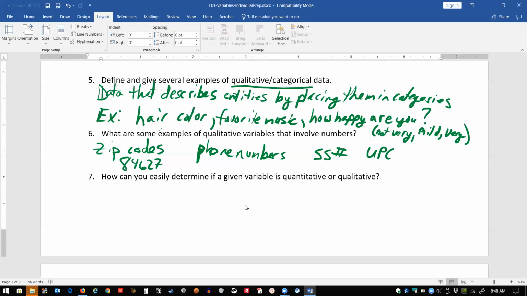Make sense? So now that you have a decent background of quantitative and qualitative variables, if you were given a list of variables, what's an easy way to determine if they're quantitative or qualitative?